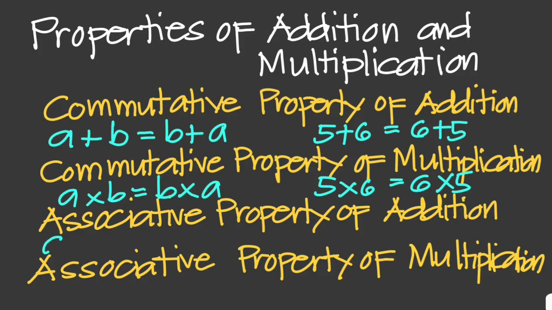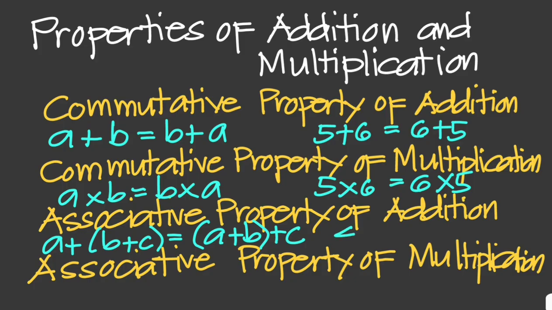Say, for example, (a plus b) plus c is just equivalent to a plus (b plus c). Or let's say we're given 4 plus 5 plus 6. This is just equivalent to 4 plus (5 plus 6). Then how about the associative property of multiplication?